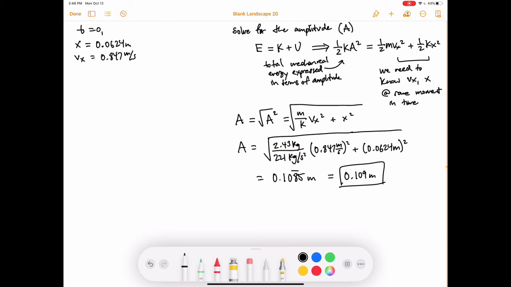Another constant we're going to need to know, by the way, is omega. Omega is the square root of k divided by m.